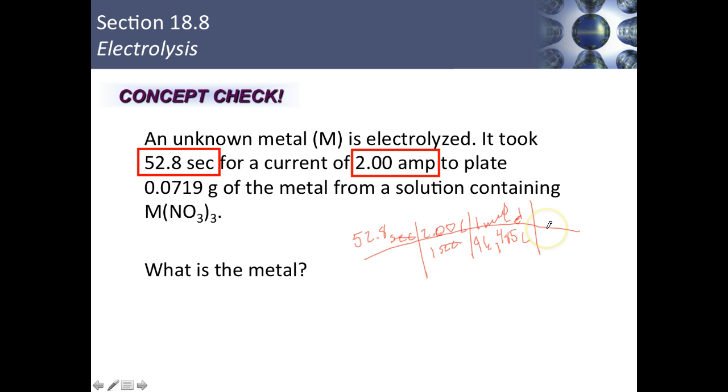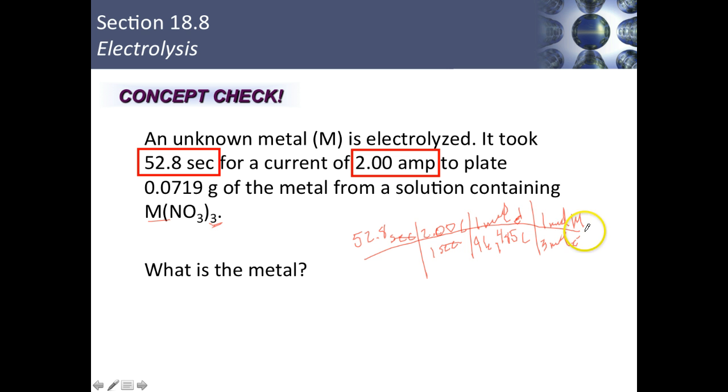Now, when this is electrolyzed, we go from the metal to this form of it. That means we had to lose 3 electrons. So that means 3 moles of electrons to 1 mole of M. Again, because we're going to this form of M, that lets us know that's where those 3 electrons are coming from.